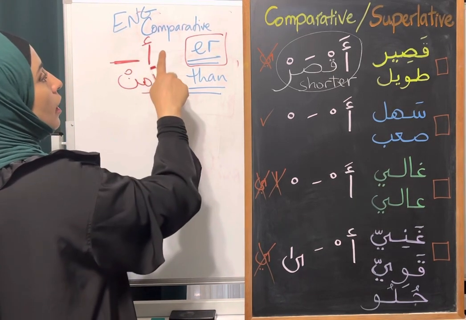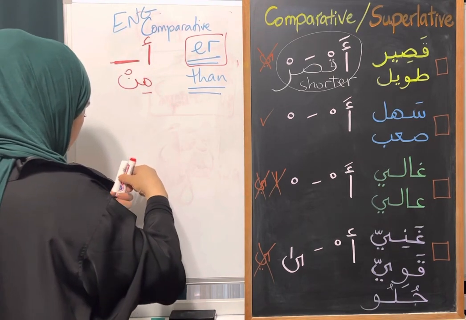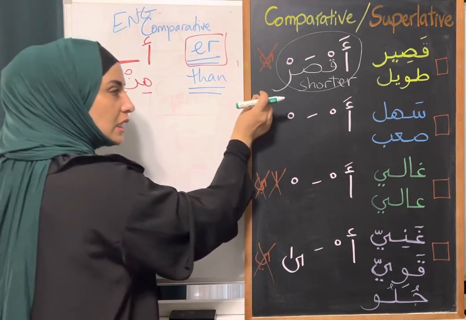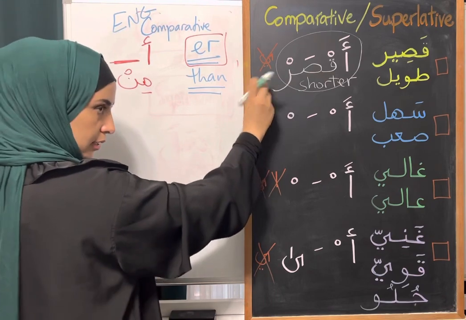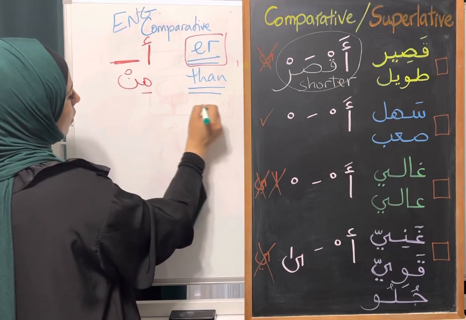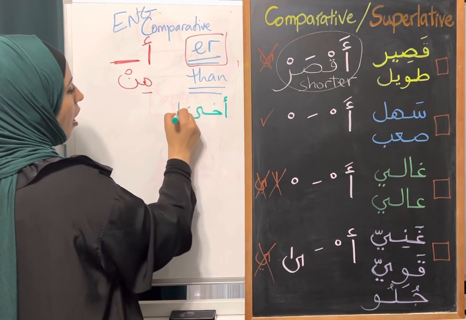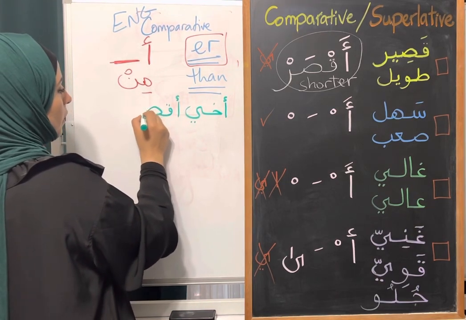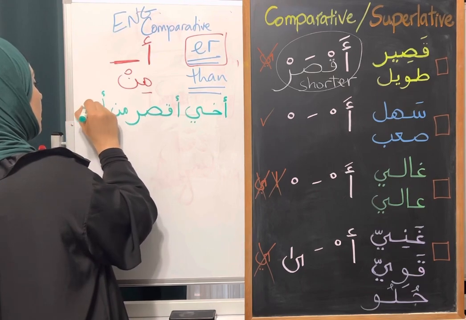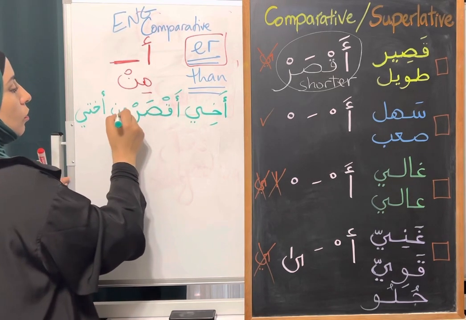Then I'll write my sentence, which is أخي أقصر من أختي. Then I will show you how the superlative is going to be quite similar in some ways and different in one simple way. So my brother is shorter than my sister.